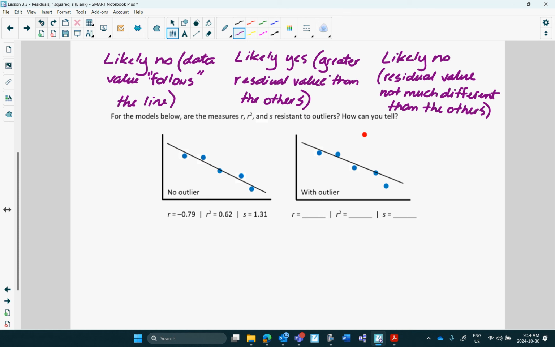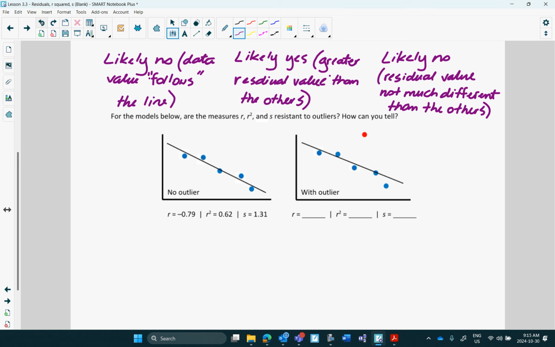R squared, 62, that means 62% of the relationship can be explained by the line, which is pretty good. And standard deviation, 1.31, well, that's harder to tell. I don't really know, is that good?